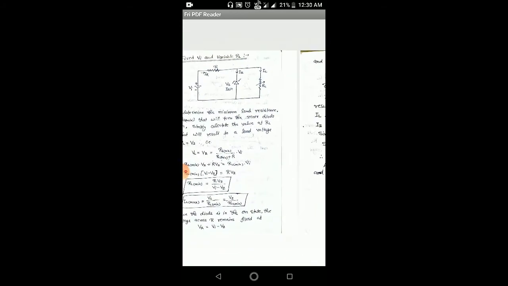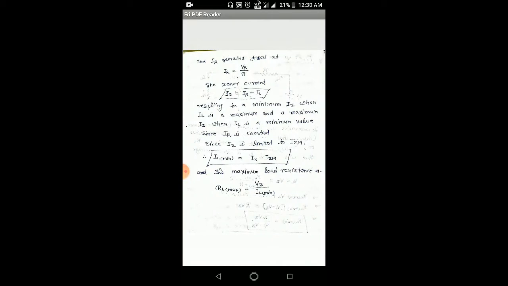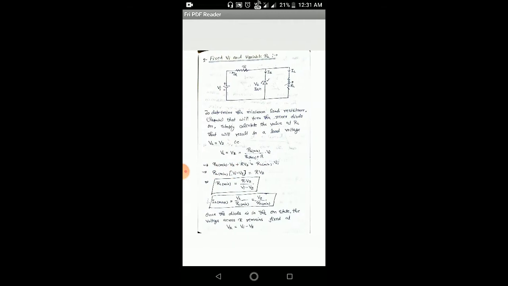Here, the Zener current IZ equal to IR minus IL, resulting in a minimum IZ when IL is a maximum, and a maximum IZ when IL is a minimum. From this circuit we can see when IL is maximum, then IZ is minimum, and if IL is minimum, then IZ will be maximum, because IR is constant.